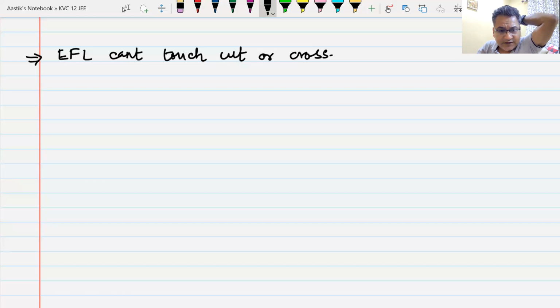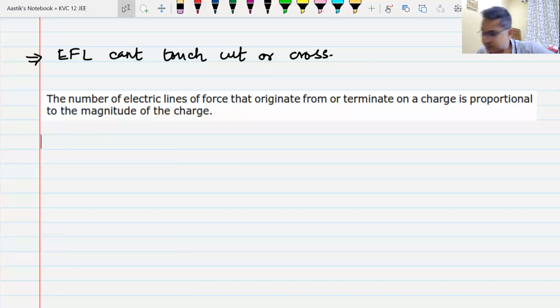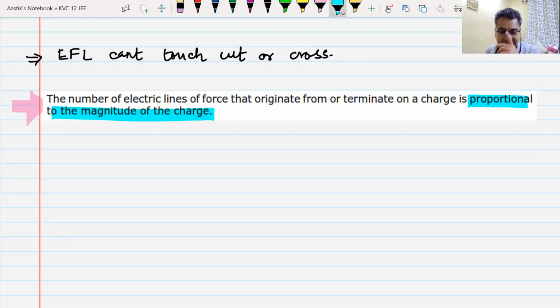the number of electric field lines. We have seen that electric field lines come out of charges. If it is a positive charge, they come out of the charge. If it is a negative charge, they go into the charge. Depending on the magnitude of the charge, the number of electric lines of force that originate from a charge or terminate on a charge is proportional to the magnitude of the charge. Do we understand this?